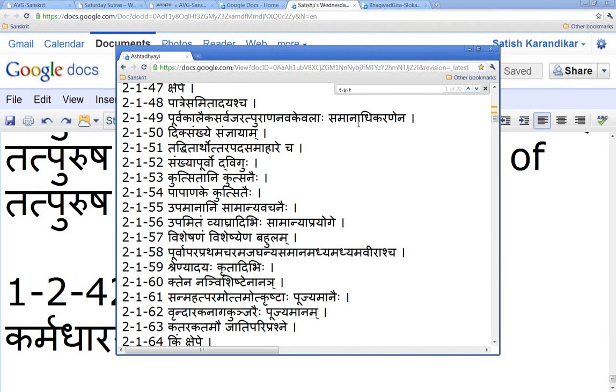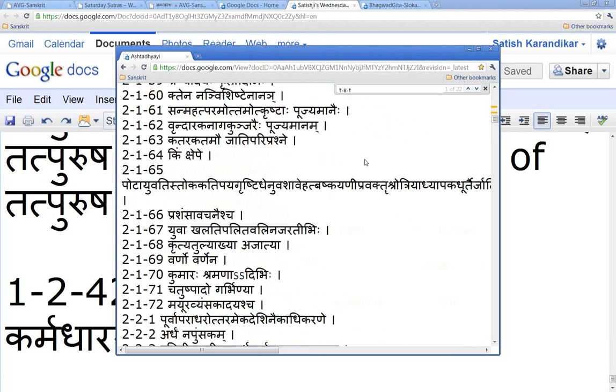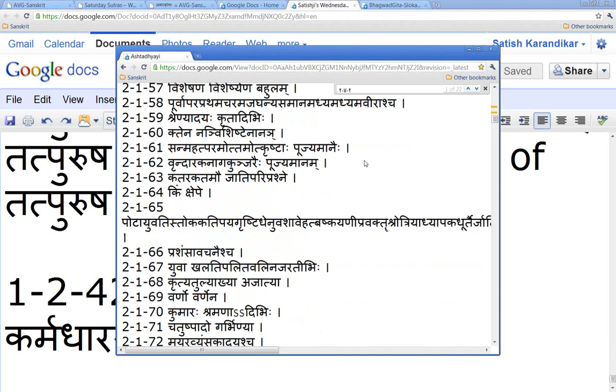And this is where we start talking about Karmadharaya compounds. But 2149 is a pretty large section, about 24 rules. So out of the 100 rules in compounds, one quarter are taken by Karmadharaya. So 25% of the rules are taken by Karmadharaya compounds. That's why it's an important subsection of Tatpurusha.